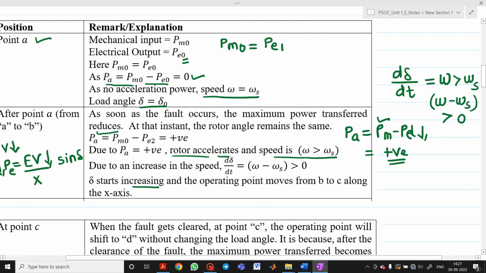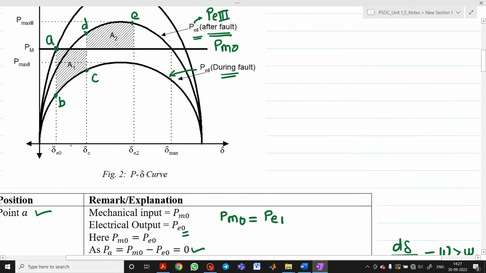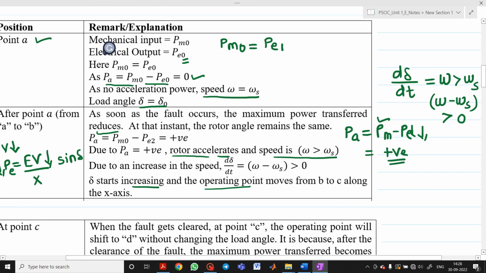And delta will start increasing, and the operating point will move from point B to C. This was the initial delta 0, but as soon as it falls from point A to B and moves along B to C, delta will also increase along the x-axis up to, say, delta C.